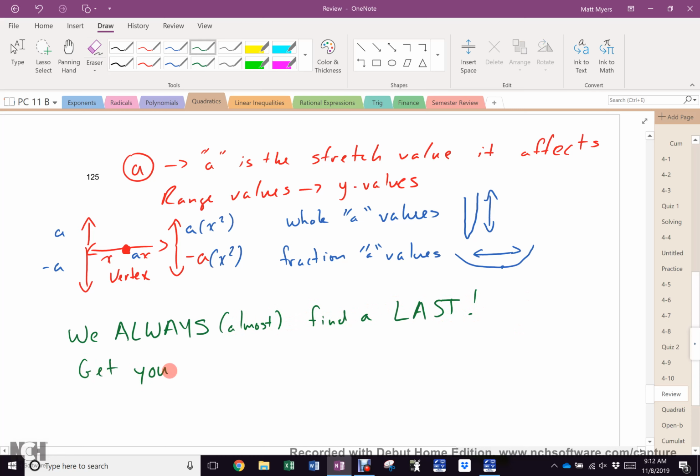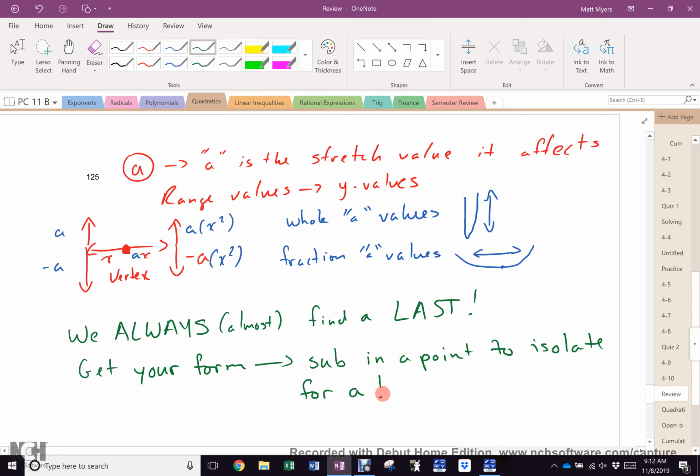Get your form, whatever it is, and sub in a point to isolate for A. Unless, of course, you can count it, right?